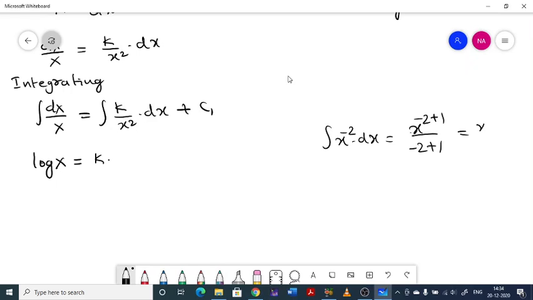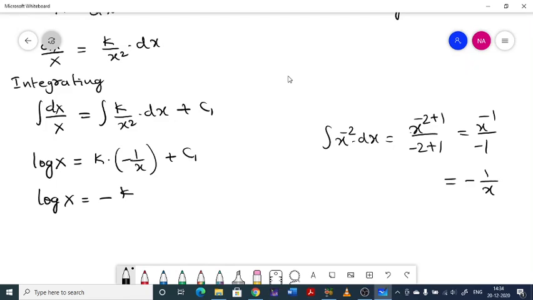So that is x power minus 1 by minus 1, so minus 1 by x plus c1, or log X equal to minus k by x plus c1, or taking exponential on both sides, X equal to e power minus k by x plus c1.